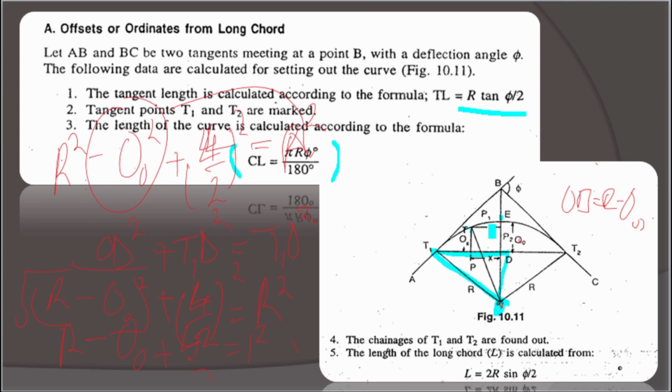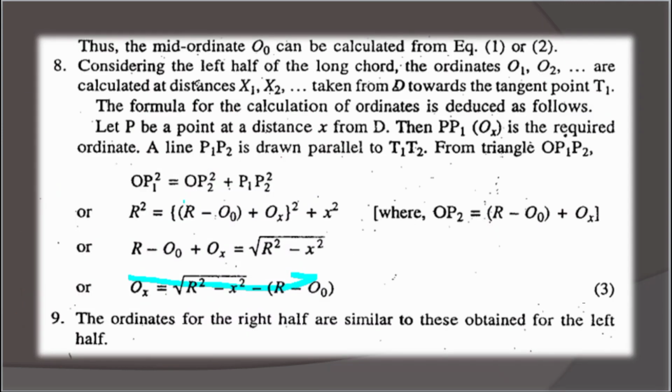P is the distance x from D, and then this is P1, P2, which is the same. So the distance P1 to P2 is the same as x, because that is opposite, equal, perpendicular. And then it is required for the ordinate.